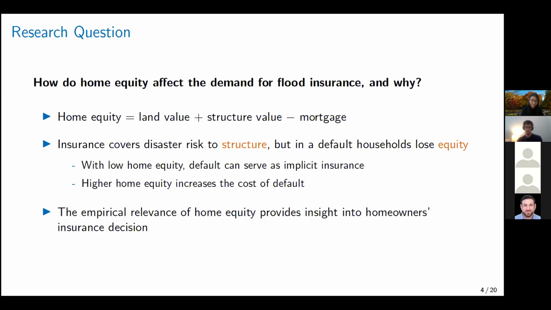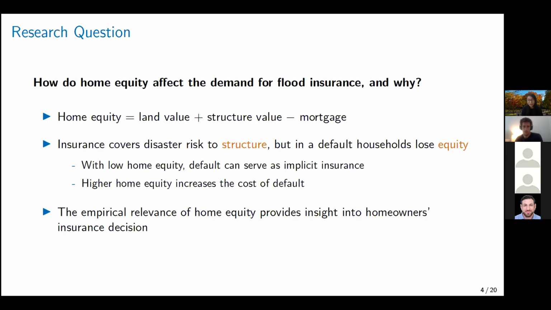And so what is at stake here is really the value of the structure that would be subject to this risk. So conditional on the value of the structure, home equity has nothing to do with the payout or the benefit of flood insurance, and therefore, theoretically, it should not be relevant for whether people want to buy flood insurance or not.